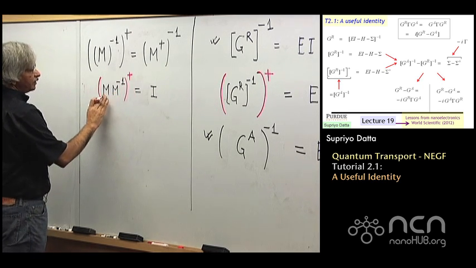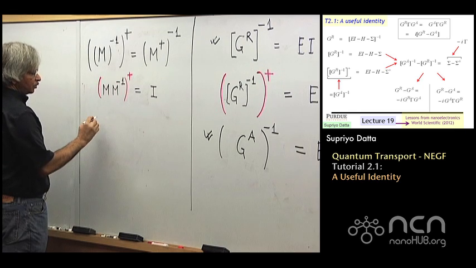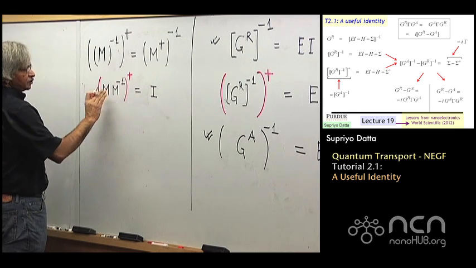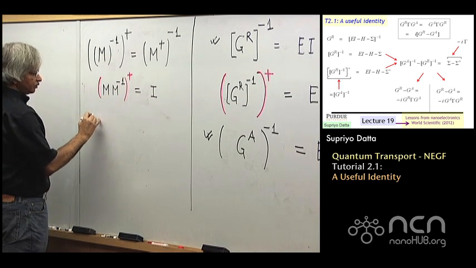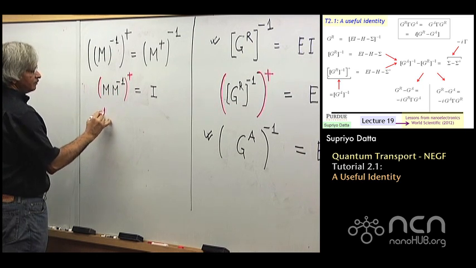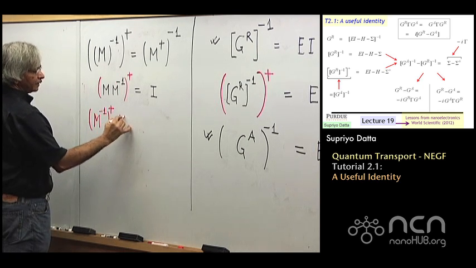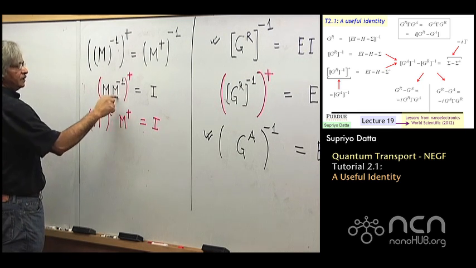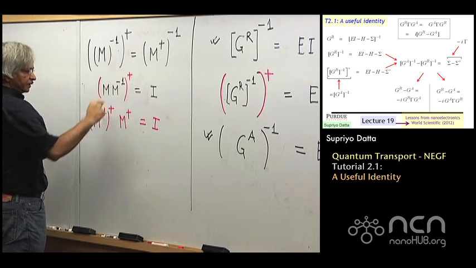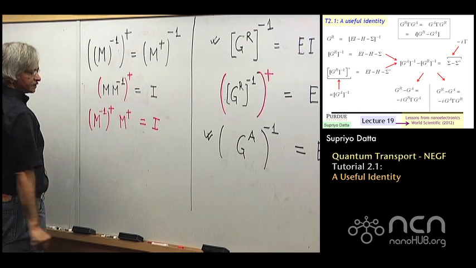Okay. Now when you have any two matrices conjugate transpose, so AB dagger is B dagger A dagger. So you could write this as M inverse dagger M dagger equal to I. That's it.